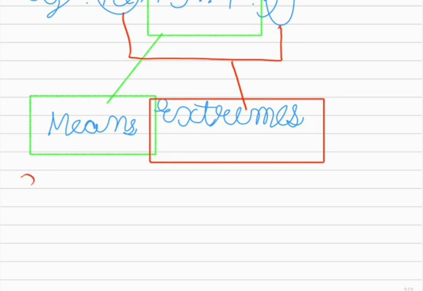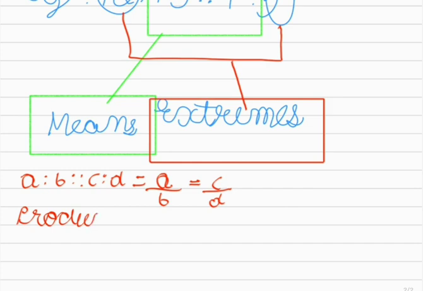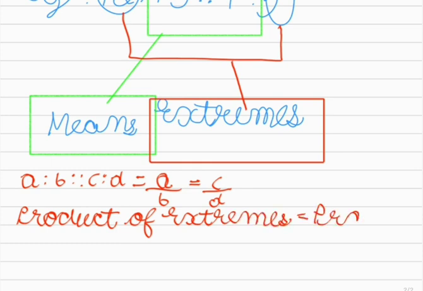If the quantities are A:B proportion C:D, then A by B will be equal to C by D, or the product of extremes is equal to the product of means. This is a very important formula.